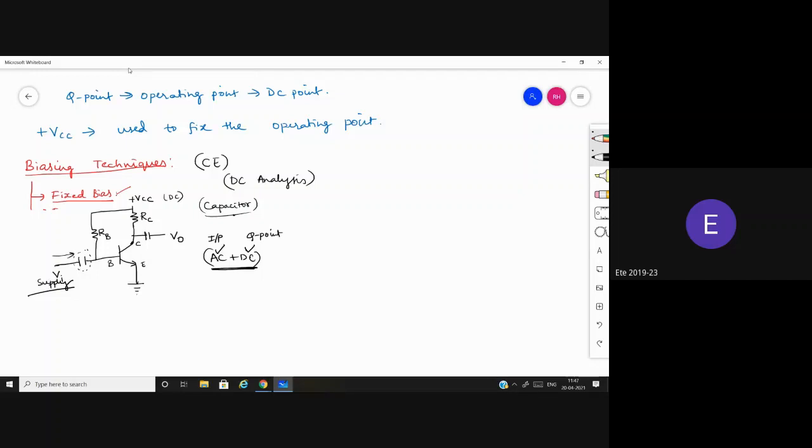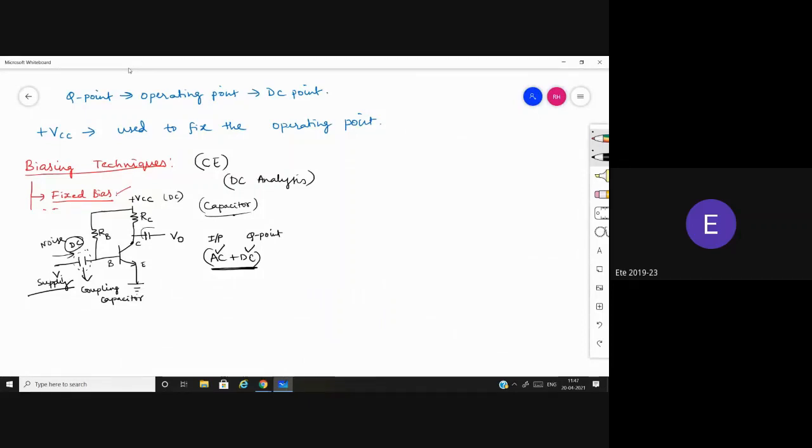Because of that mixture of AC and DC, the transistor is going to amplify that mixture. But we want to amplify only pure AC. So that's why we are using this capacitor, which is known as a coupling capacitor. This coupling capacitor is used to filter out the unwanted DC component. DC is the noise at the input level, because any unwanted signal is considered noise.